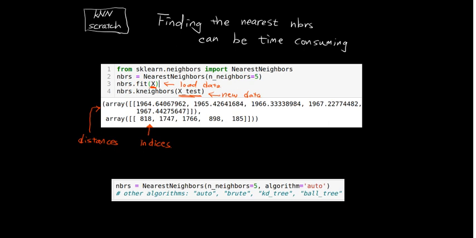These two are special algorithms to help you find the nearest neighbors. The main purpose here is to let you know that finding the nearest neighbors can be time consuming, so there are built-in functions to help you, using something like KD trees or ball trees to figure out the nearest neighbors.